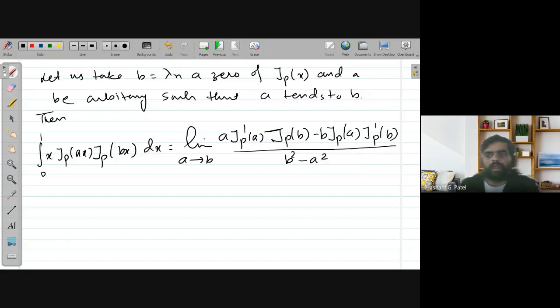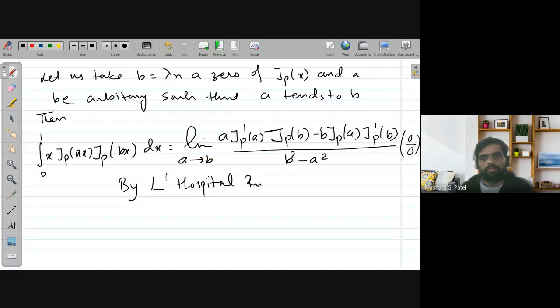Now we can apply the L'Hospital rule here because it is an indeterminate 0 by 0 form. So by L'Hospital, we can say that this is equal to limit a tends to b.